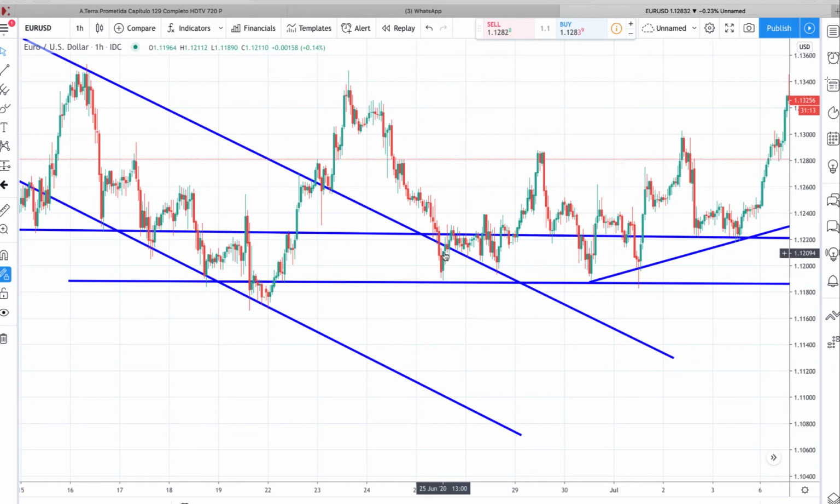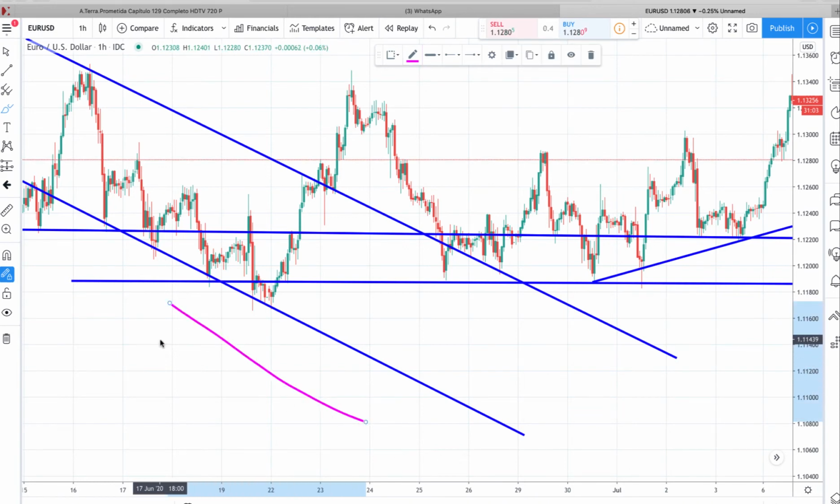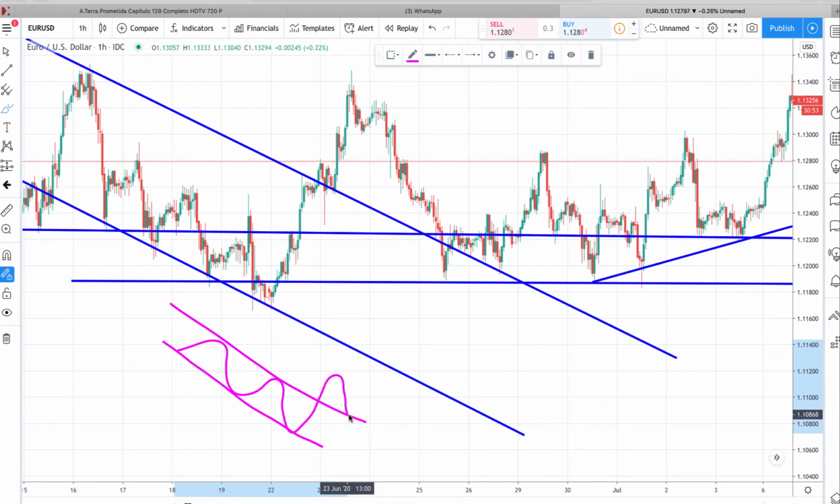But here was like a false breakout, because we were expecting the market to do this. When you see a pattern like this, going up or down, it doesn't matter. Usually the market goes up, then it breaks, comes back down, retesting this level, like it did here, and then starts moving towards the upside again.